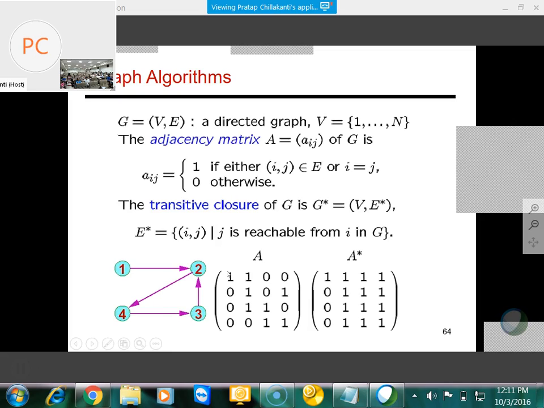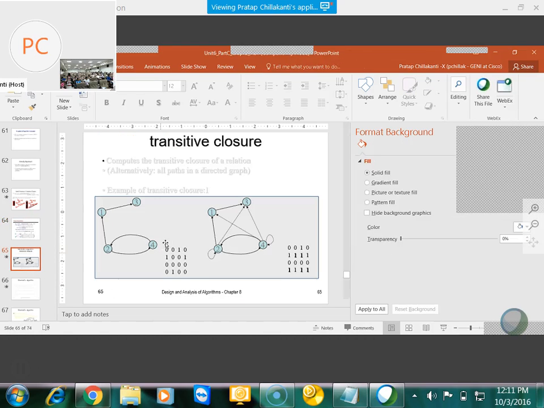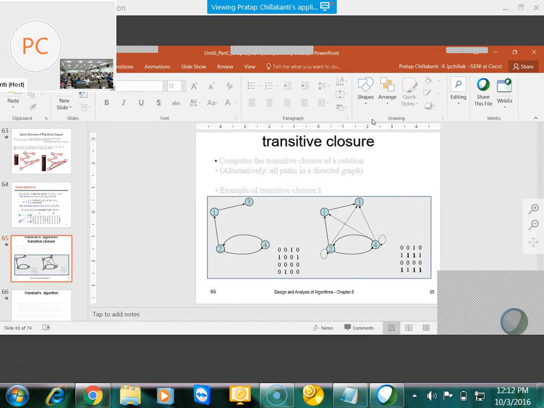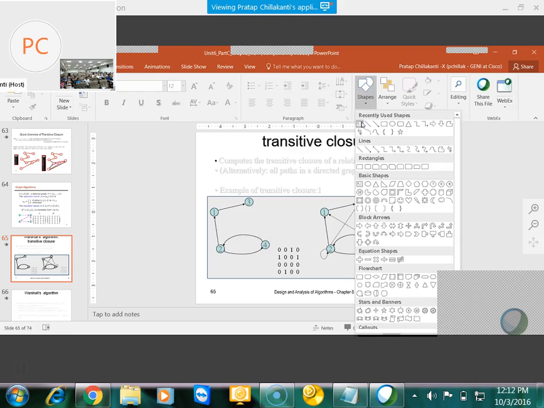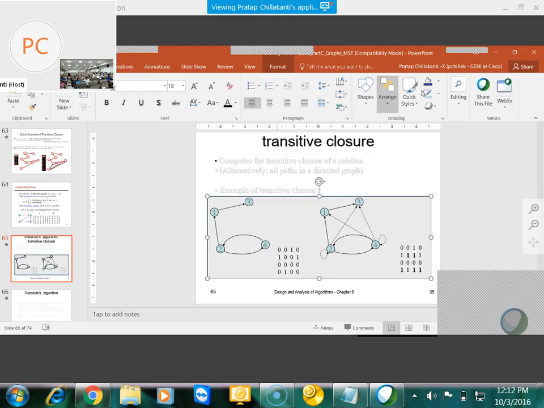Okay? To make it more precise for you, if I could have done the text box here, it is not letting me. Give me a second.